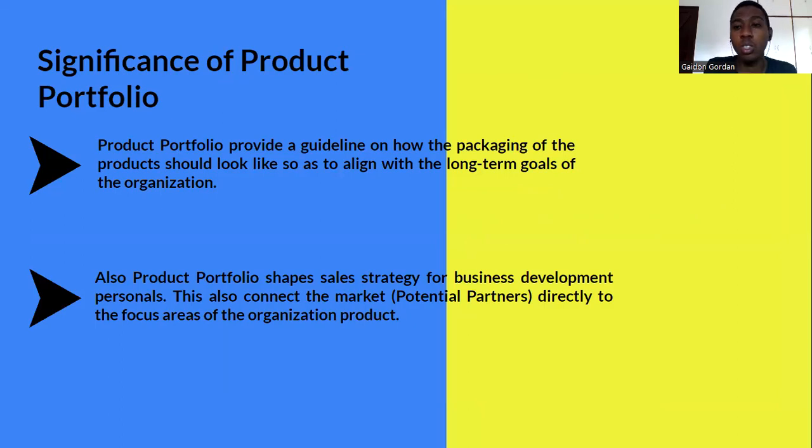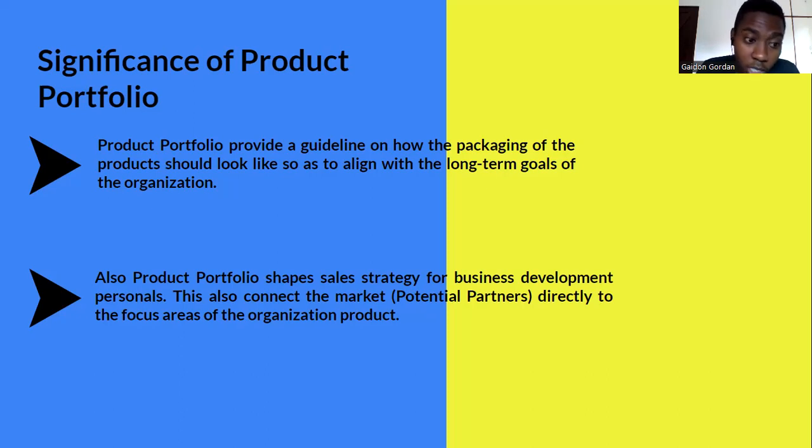We are not just doing things for fun, no, but the product portfolio should explain what we are selling and what the long-term vision of our organization is. So we are trying to create a bridge and progressive evaluation of what we are doing and what we are providing to the external world.